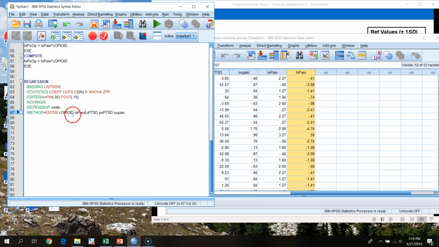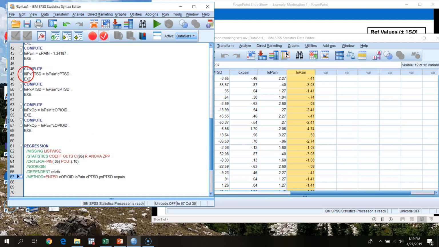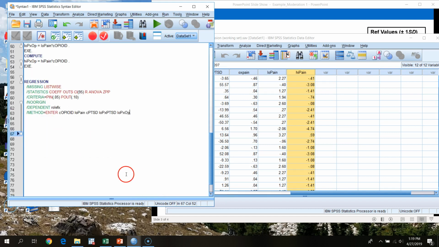So I've got opiate use, low pain, centered PTSD, and then I'm going to take my low pain times PTSD variable and my low pain times opiate use. Okay, so what I've got here is I'm looking at the conditional effect of PTSD when pain is centered at low levels, and then my interaction terms are all consistent with my recentered variable corresponding to low levels of pain.